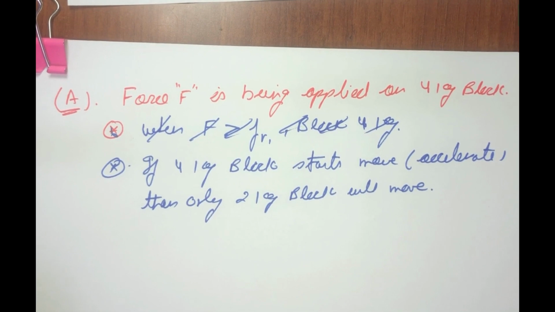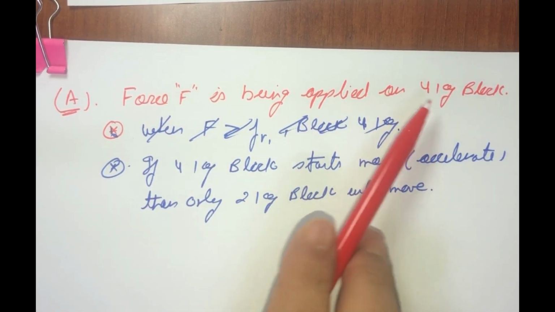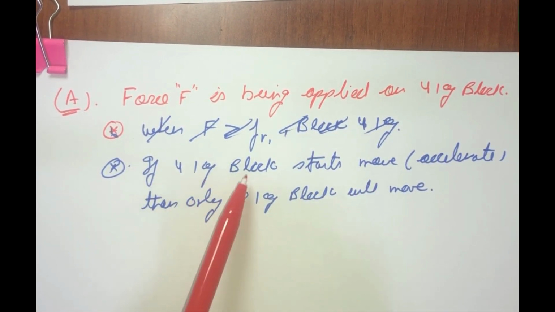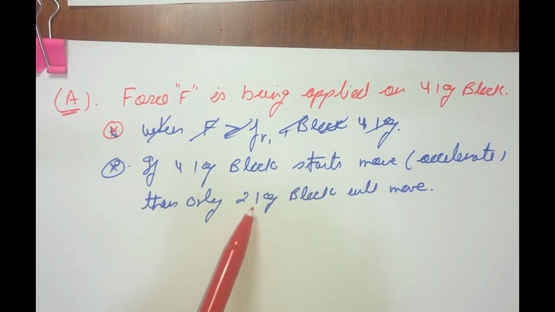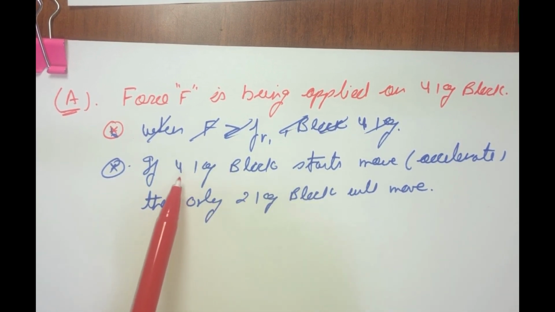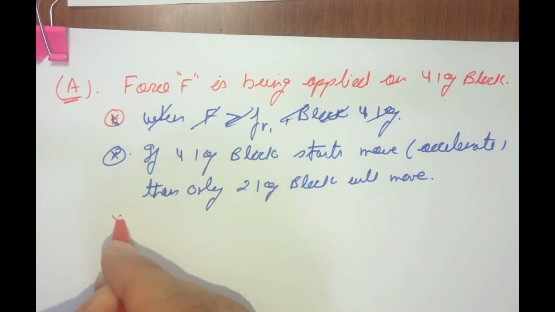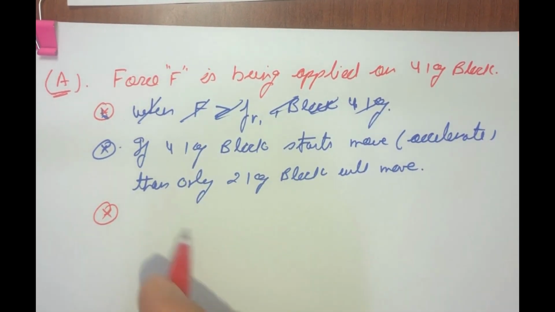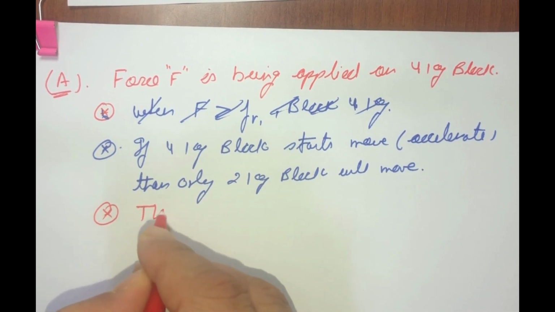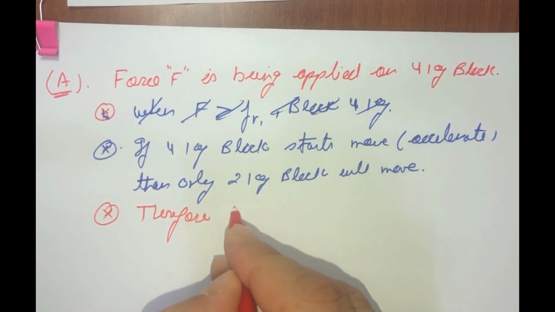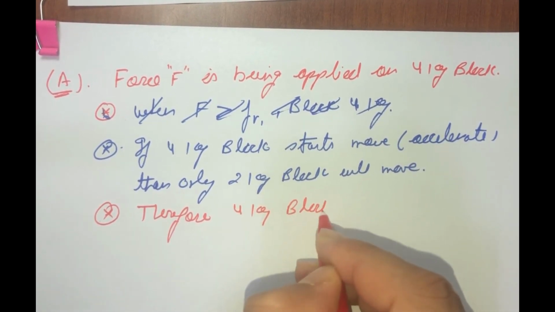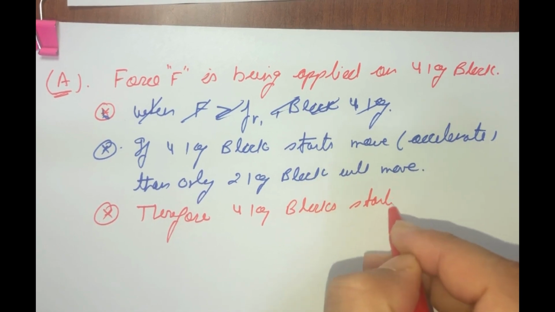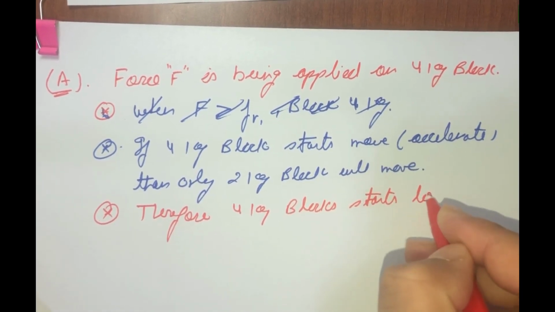Under this condition, because the force is being applied on the 4 kg block, first of all the 4 kg block has to move. If the 4 kg block doesn't move, the 2 kg block will not move independently. The 2 kg block will move in cohesion with the 4 kg block. Therefore, the 4 kg block starts to slide first.